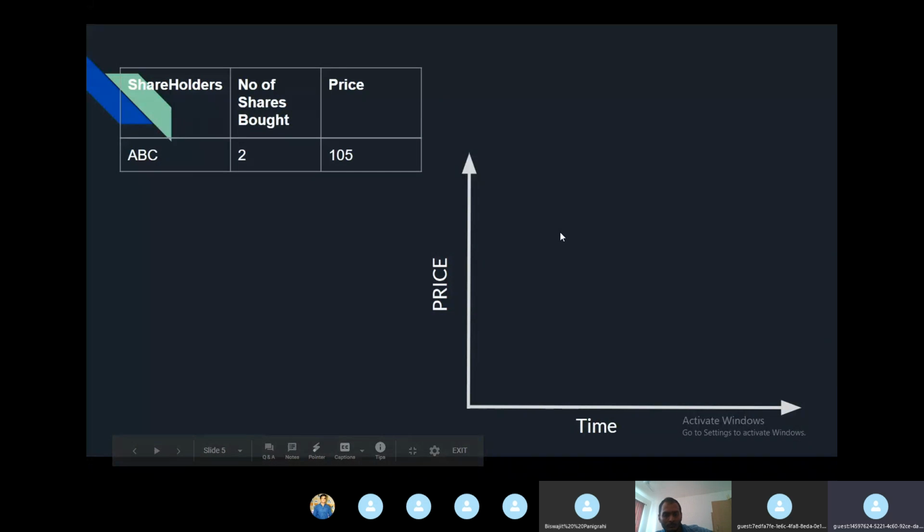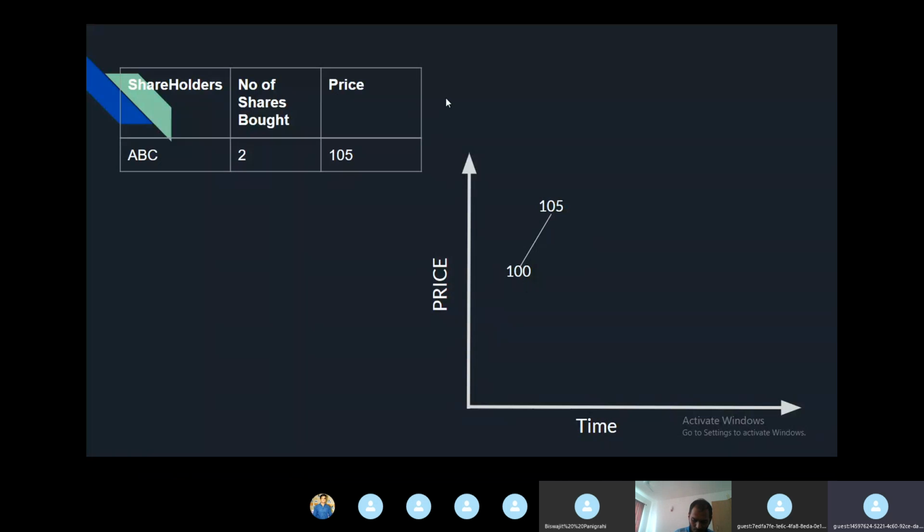Let's say we started at 100 rupees. Now the price has been bought at 105, so the price went from 100 to 105. This is how we plot.